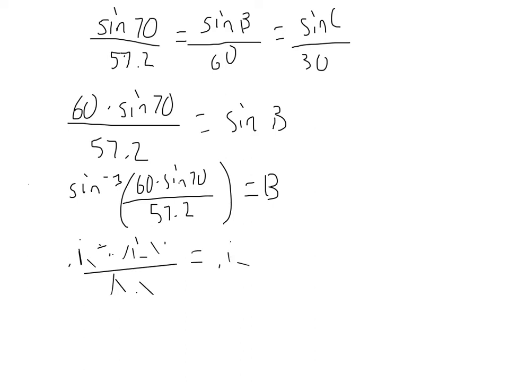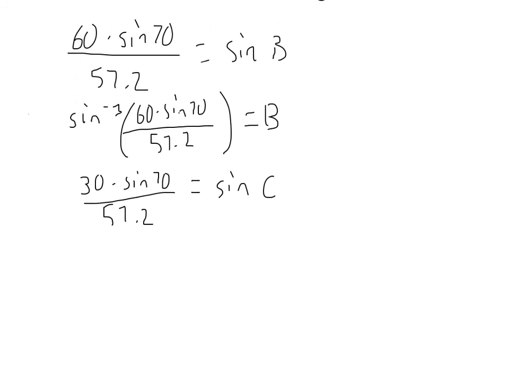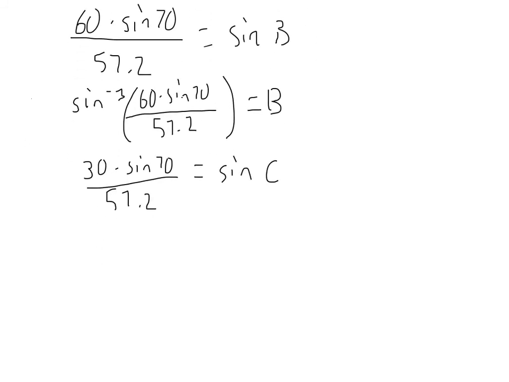Set that equal to sine of C. The inverse sine of 30 times sine of 70 all over 57.2.